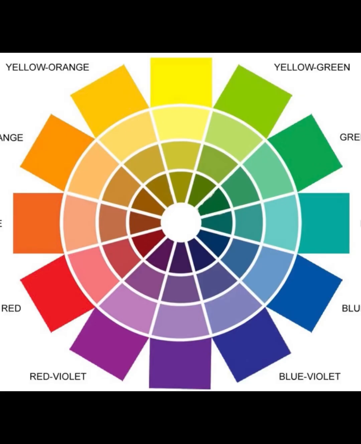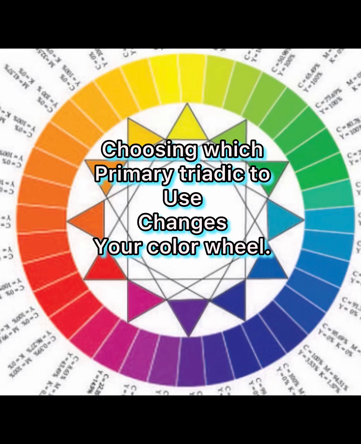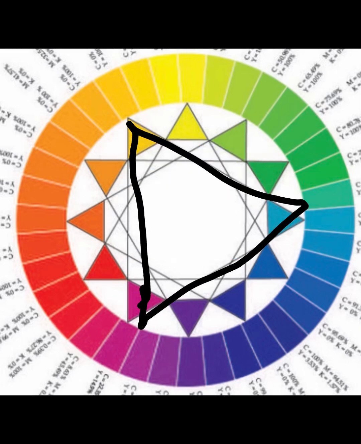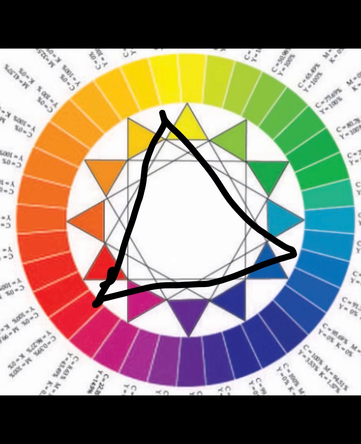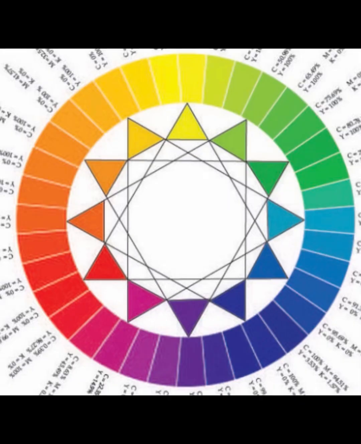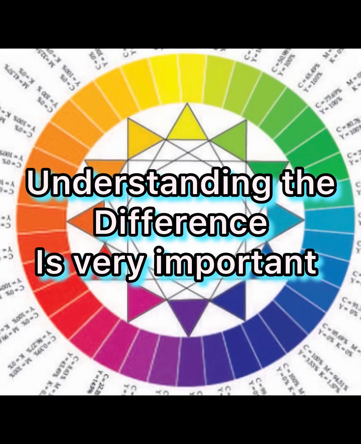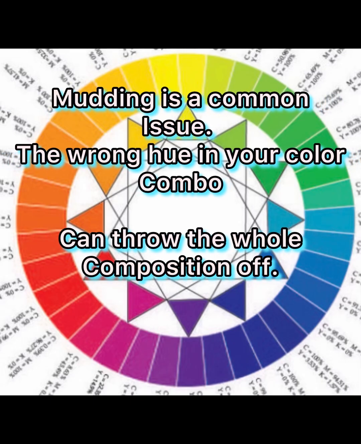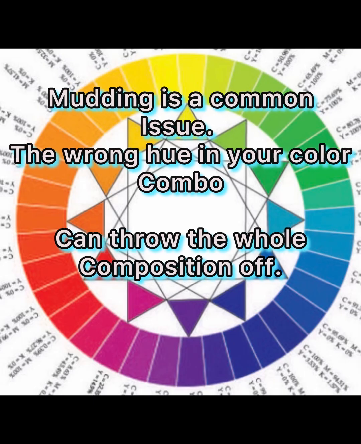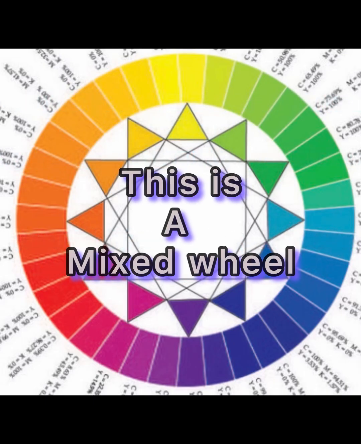But understanding this difference is extremely important, especially when we get into complementary and you're choosing which triadic to build your color schemes off of. It can be the difference between a composition and its colors making sense or clashing. Mudding is one of the most common issues, and the wrong hue in your color combo will throw the whole thing off, okay?